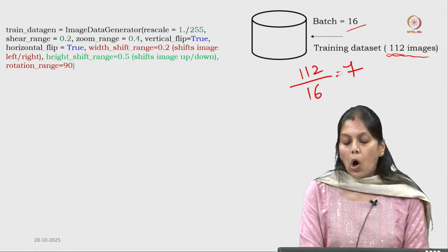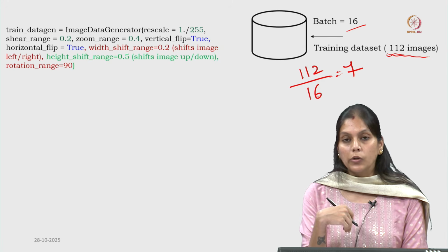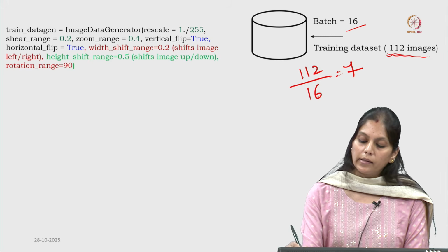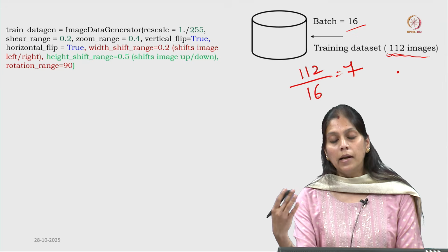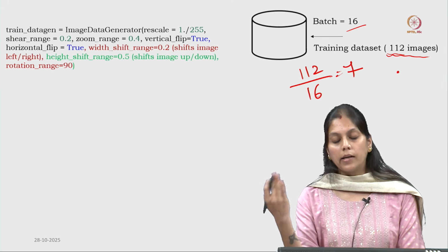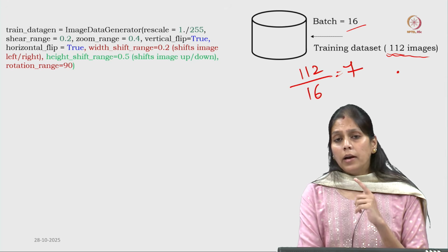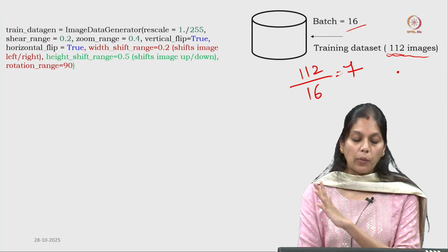In this example you got the value 7, but for some other example you may get some value in decimals, then you use a ceil and convert it into the next higher integer value. Okay, 7 times you need to repeat so that you will complete these 112 images.